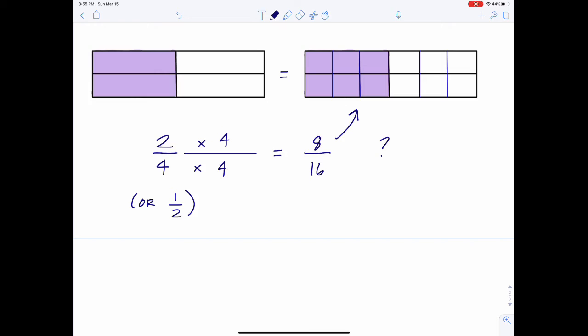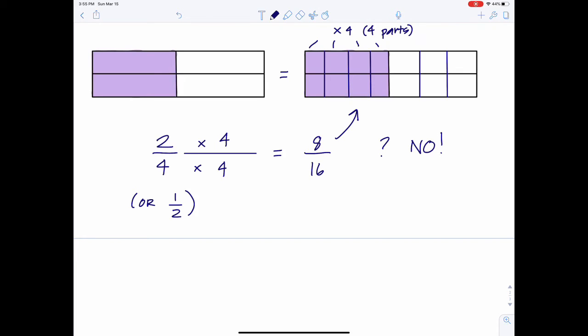I know that my fraction strip has 12 equal parts, so that can't be an equivalent fraction to what I've shown in my equation below. What I have to do is split each part into 4 equal parts that I'm showing in my multiplication below. So there's 4 equal parts there. 1, 2, 3, 4. I multiply it by 4.